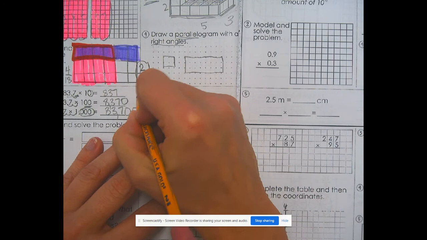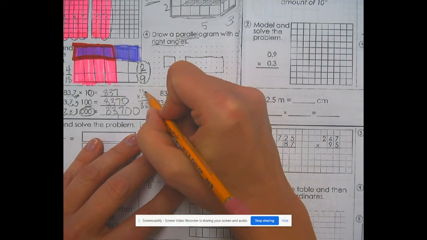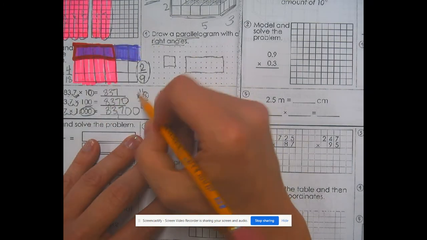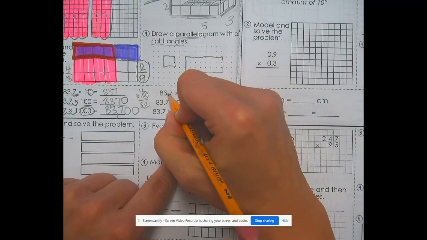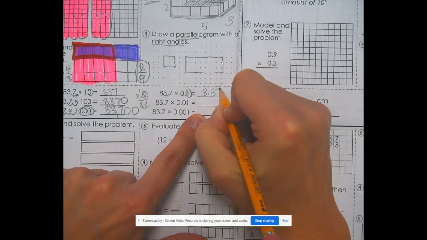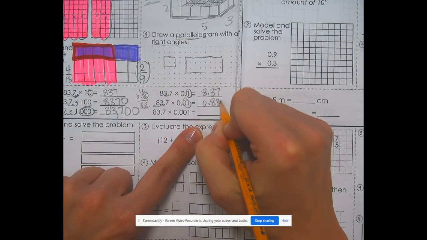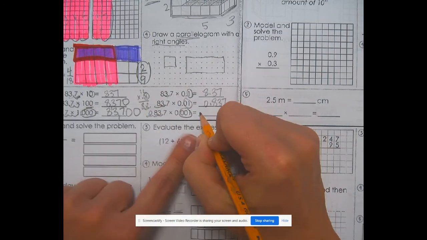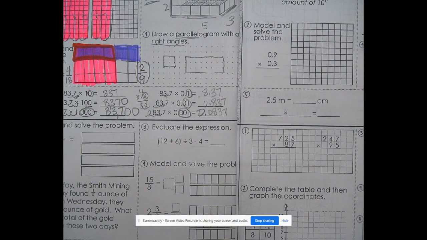Let's do 11 times 0.8. 8, 8. And there's one number behind the decimal. Which way did we move it? To the left. So which way do you think we move this decimal? To the left. Good. How many times to the left? Twice. And how many times to the left? 3 times. Good.